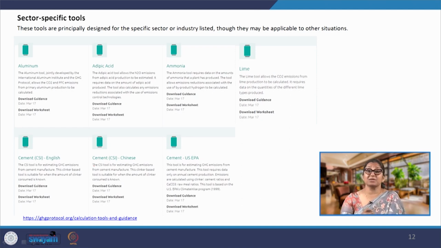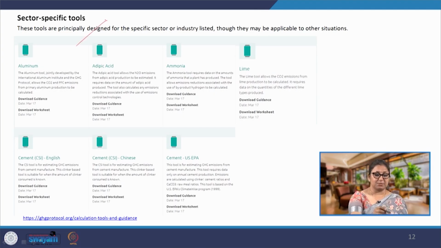There the processes that take place and the resulting GHG emissions are very different. So, the sector specific tools are very important. However, within that there may be differences in the emission factors for specific countries.